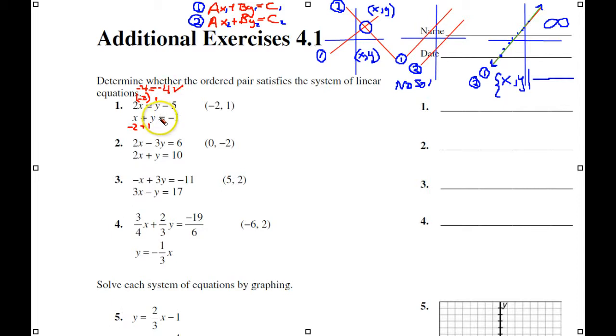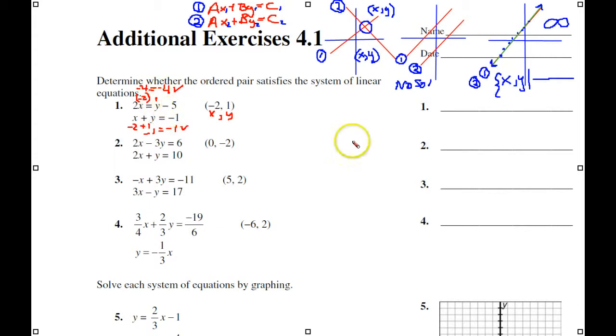And for the second equation, this is going to become a negative 1, and this is a negative 1. So this checks. So this is the procedure you'll be using. You substitute this for the x value, substitute this for the y value, and see if it makes a true statement.